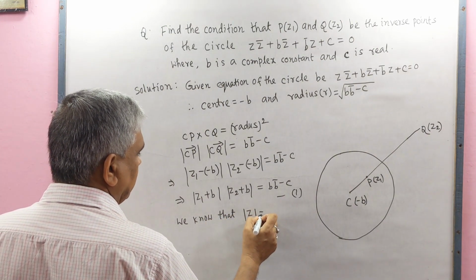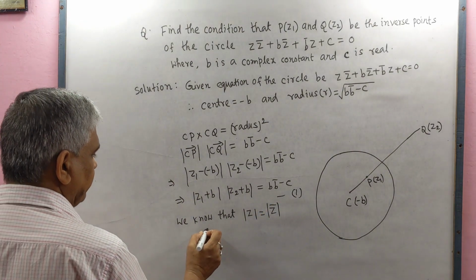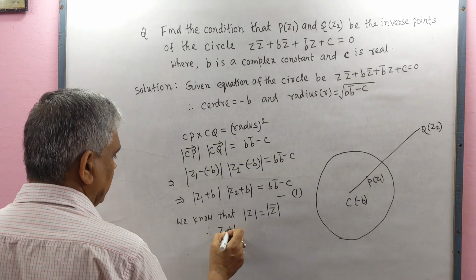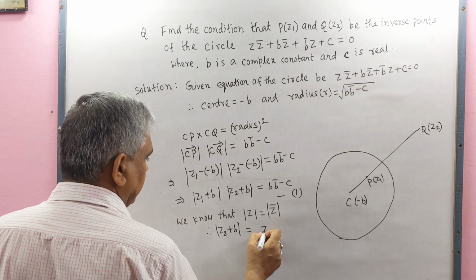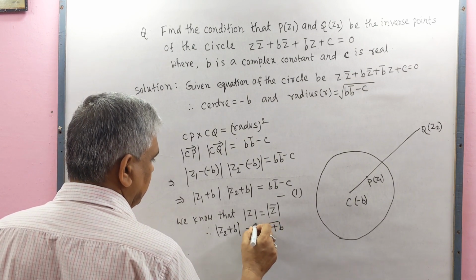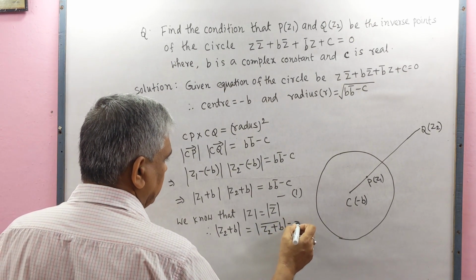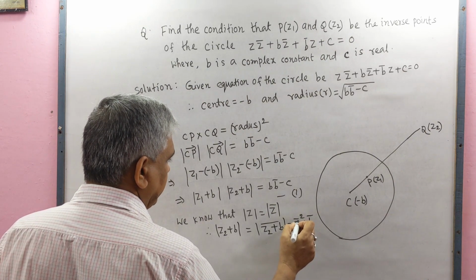We know that mod Z equals mod of conjugate Z. Therefore, the modulus of Z2 plus B is equal to the modulus of the conjugate of Z2 plus B, which equals Z2 bar plus B bar.